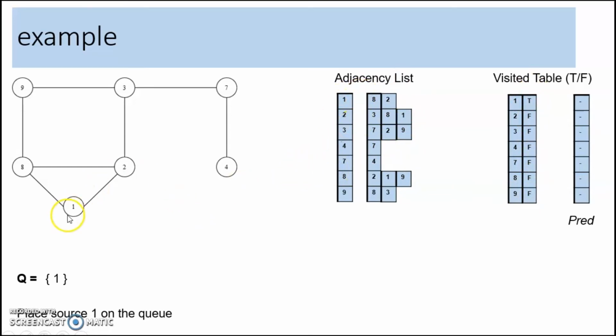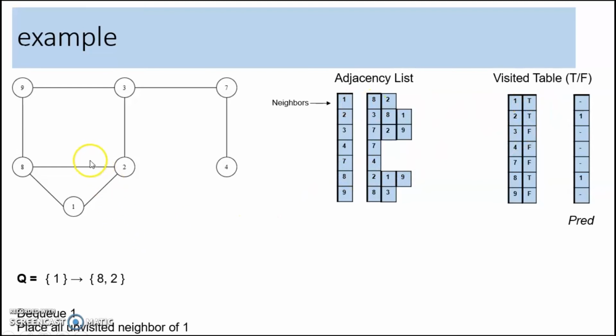So we insert the node 1 into the queue, and after that we dequeue 1 and enqueue the neighbors of 1, that is 8 and 2, and we mark the pred of 8 as 1 and of 2 as 1.